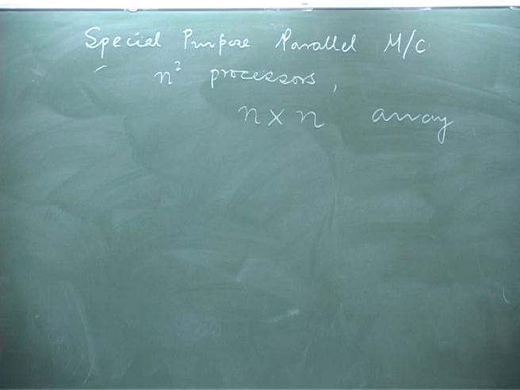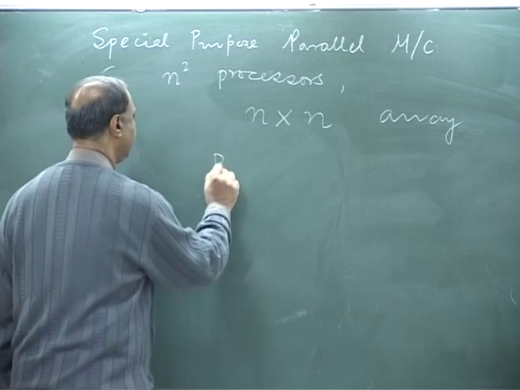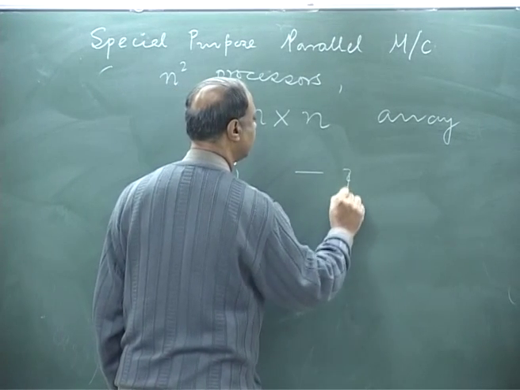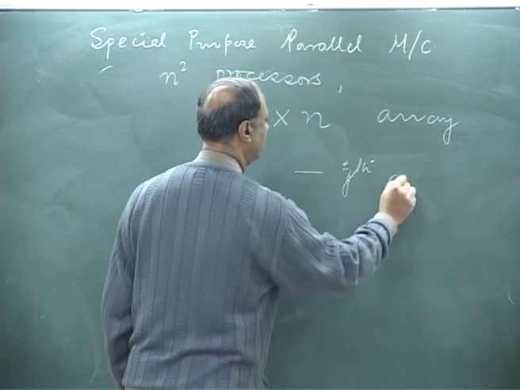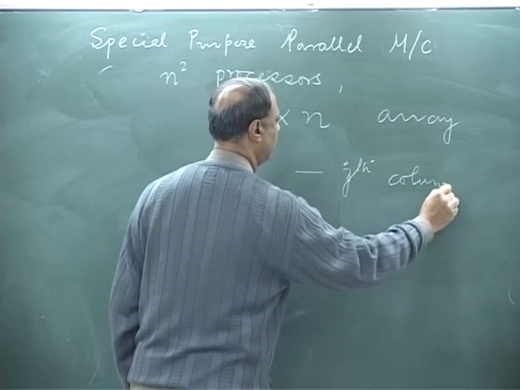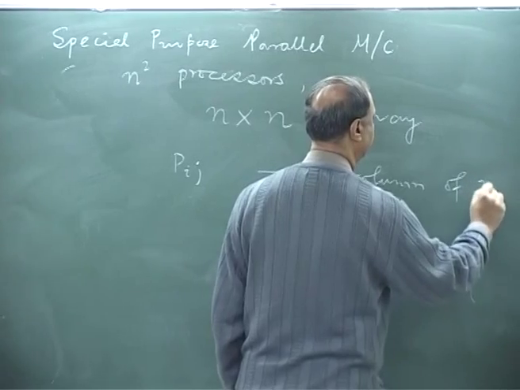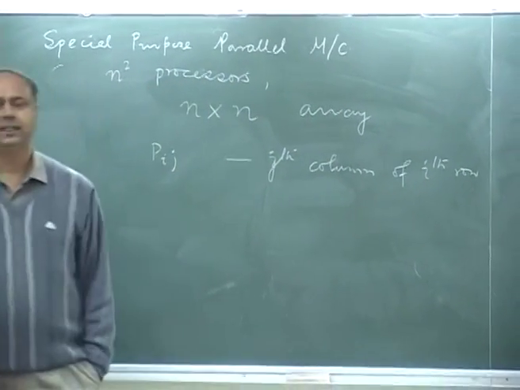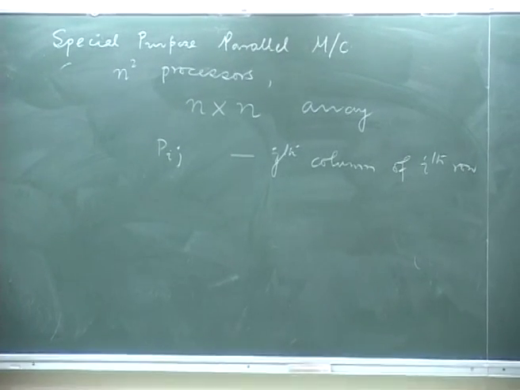So, Pij is the processor in the jth column of the ith row.